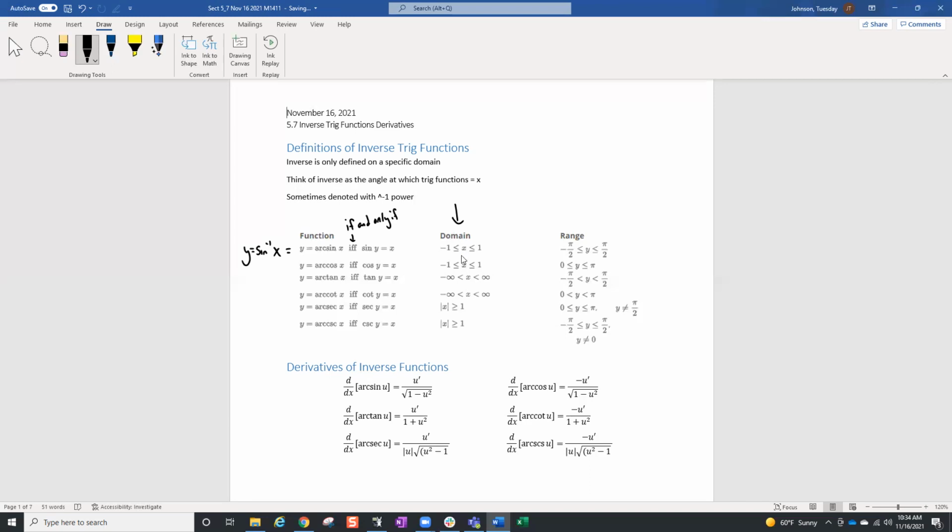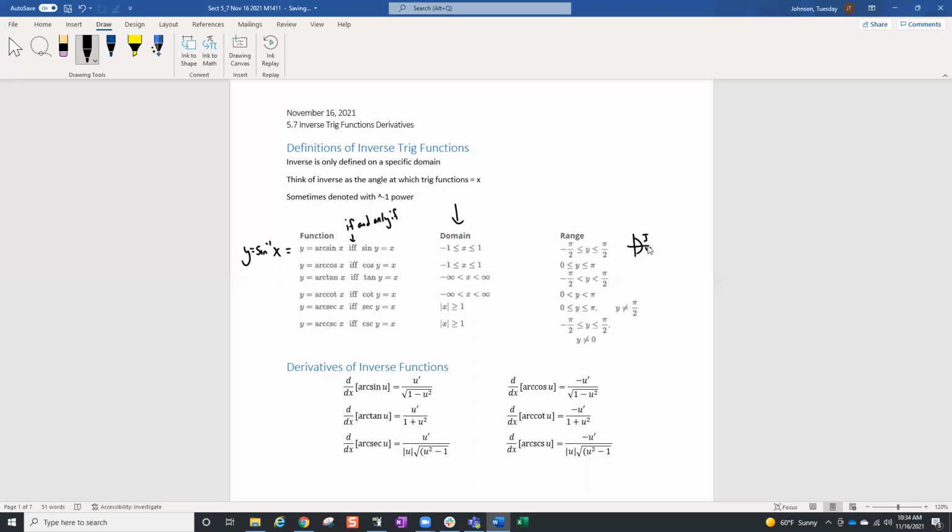They have specific domains, right? Because the sine has a range from -1 to 1. The arc sine or the inverse sine has a domain from -1 to 1. Same with cosine. The range of tangent and cotangent is all real numbers. So the domain of the arc tangent is all real numbers and so forth. Notice here, the arc sine is only defined in quadrants 1 and 4.